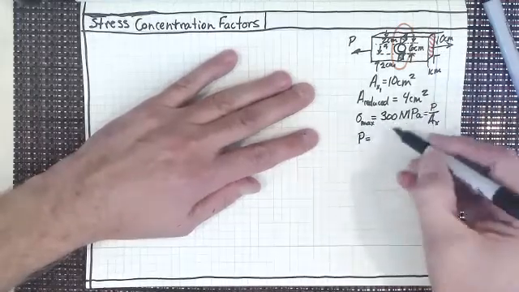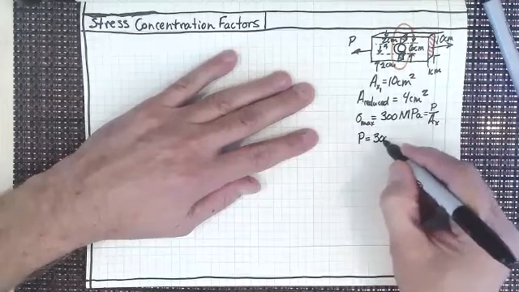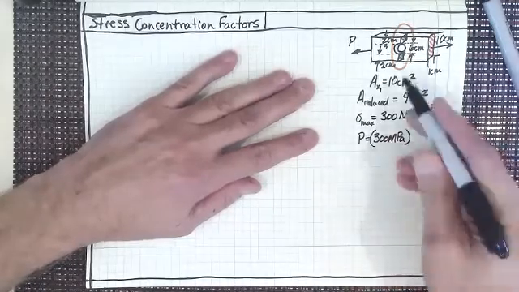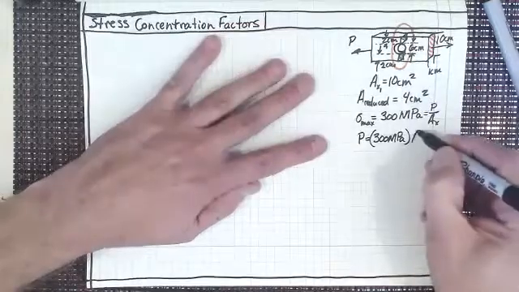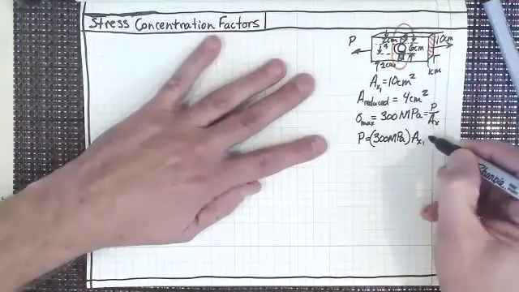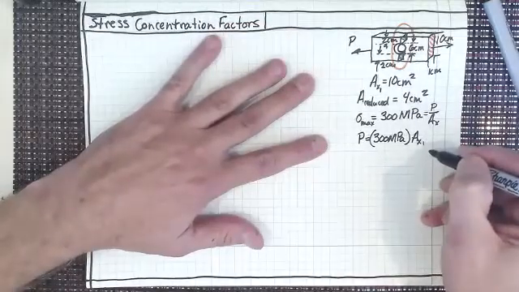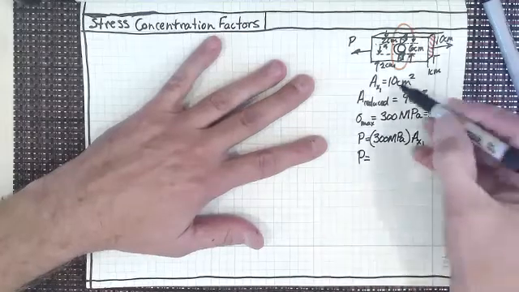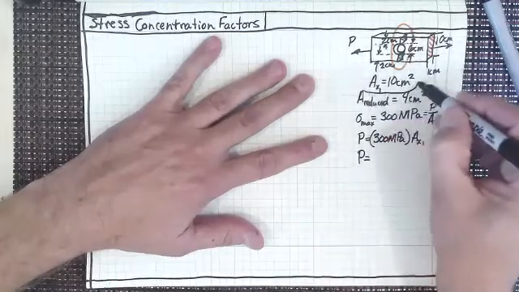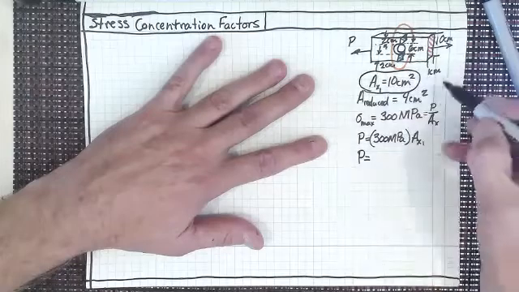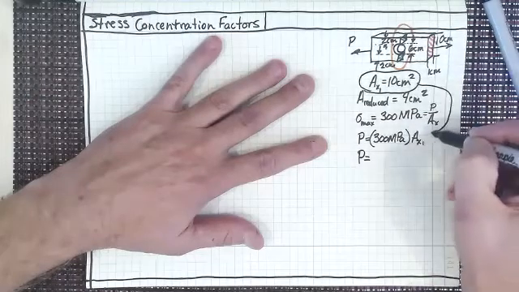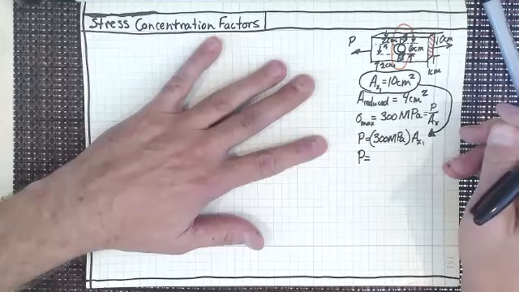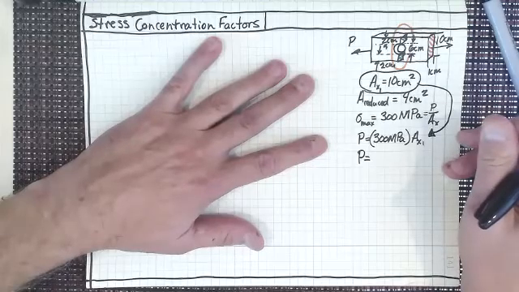So P equals 300 megapascals times one area, right? So let's use the AX1 area first, right? So that means that the force in AX1, I'm just going to circle that so that I don't have to write it again. So I'm going to use that 10 square centimeters.